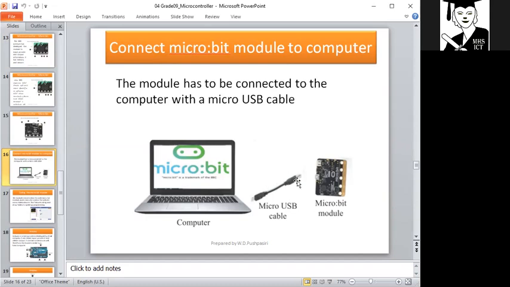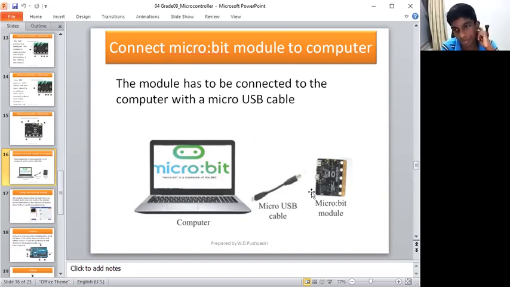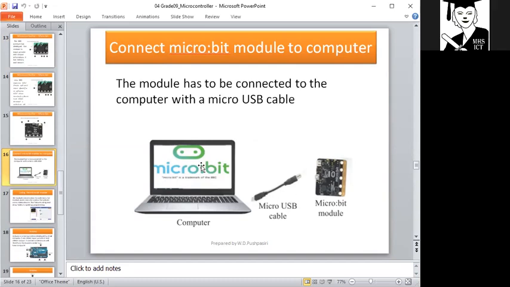We connect the USB connector, one side to the microbit module and the other to the computer. After connecting that, there is what is called the microbit module, right? That module we can activate, we can open it in the computer. So the module opens and it gives us a chance to write the program, right?